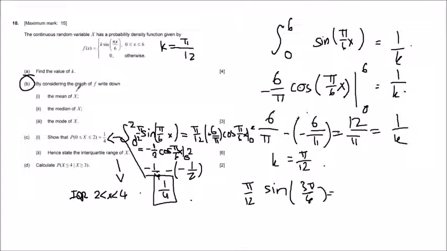So for the mean of x right here, what do I do for the mean of x? I have to actually use the weighted average formula, which I don't know. I think the way to use this formula is like this.